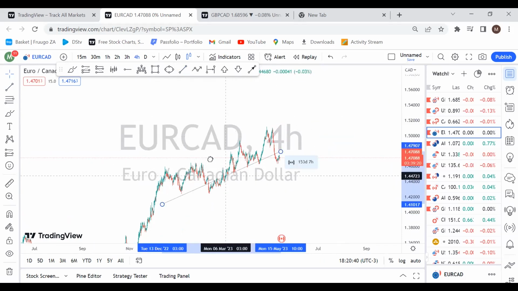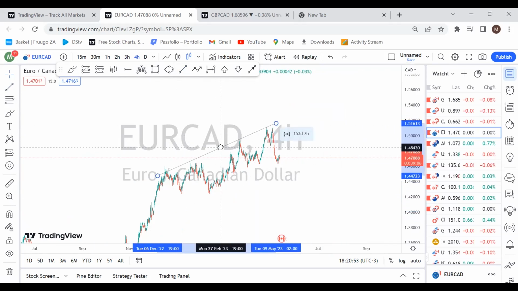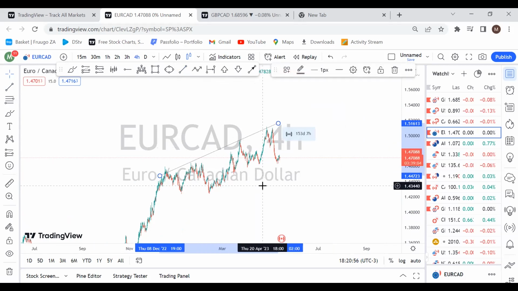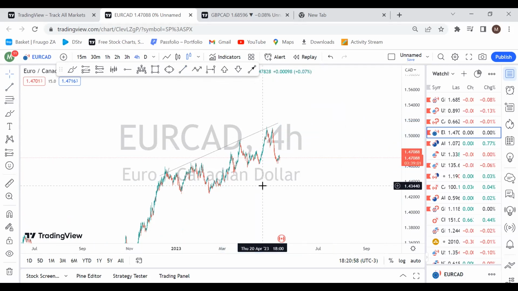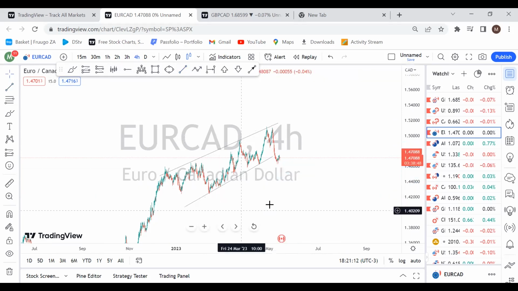Matter of fact, it means that the price could turn, whatever the case may be. So in terms of an ascending structure, the most important trend line is the resistance, because that's where we're gonna base our entries on. So that's our trend line resistance right there. It's cool. Spot the support, which is that, and that's cool as well.